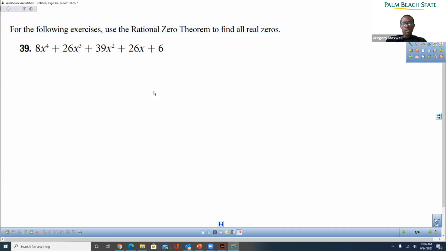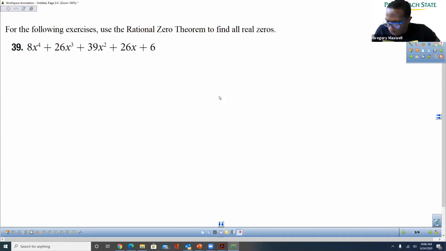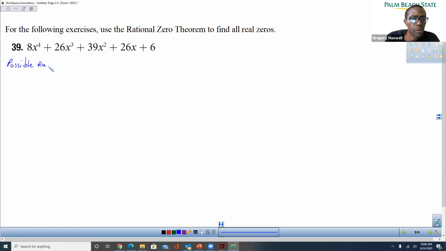All right, it says use the rational zeros theorem to find all the possible zeros. So first of all, the possible rational zeros are positive or negative factors of 6.